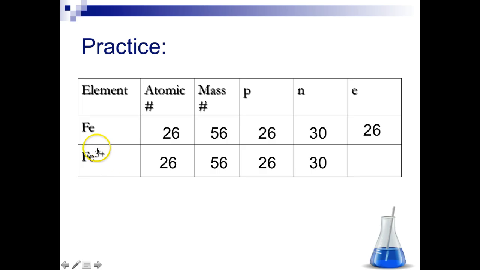Iron here has 3 extra positive charges, which means that we have to have 3 more protons than we do electrons. If we have 3 more protons than we do electrons, that means that we're going to have 23 electrons. And we can check. We need to have 26 protons because we're talking about iron, and 23 electrons because this iron is an ion and it has 3 extra protons. So do we have 3 extra protons than we do electrons? Yes. Then we know we did it correctly.